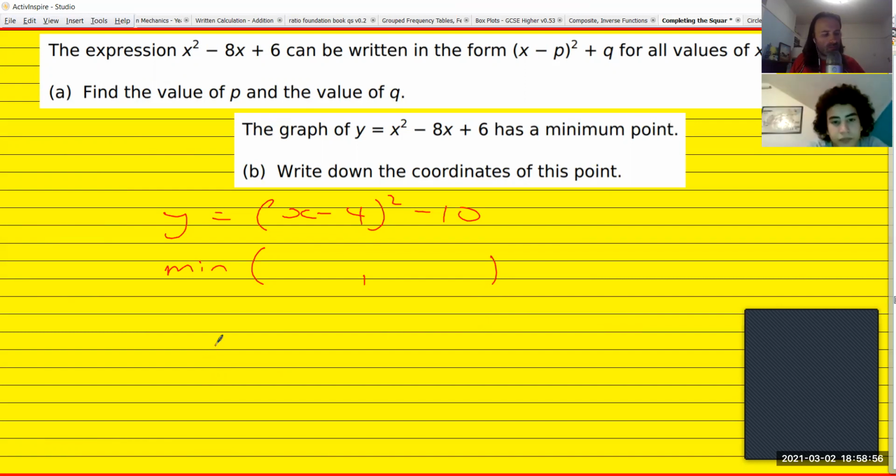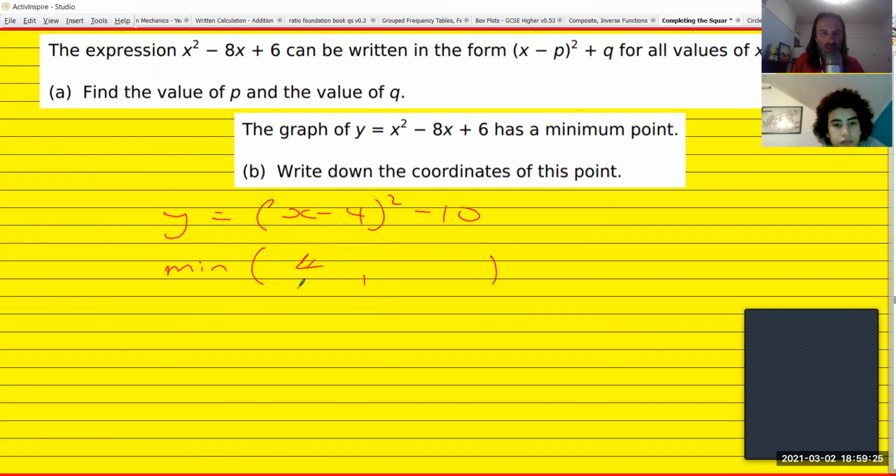So the minimum is... Lowest value a square bracket can take. Oh, 4.